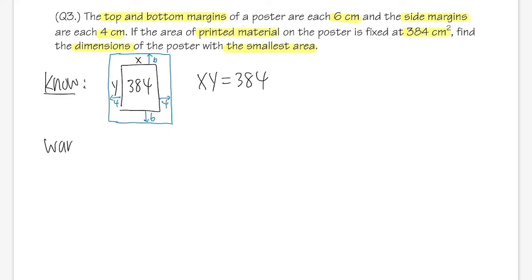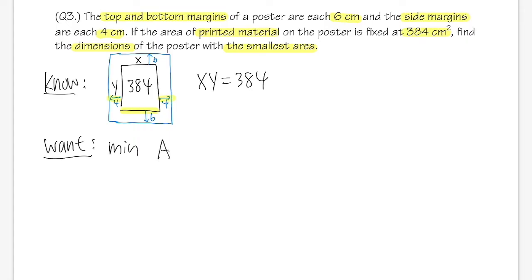And now, what do we want to know? We want the minimum, right? The smallest area. So the minimum of the area of the whole thing. Let's put on capital A for the area. Now, this is still a rectangle, but be really careful with this. On the bottom, notice we have the X already, but we do have to account for the 4 and 4 for the margins.